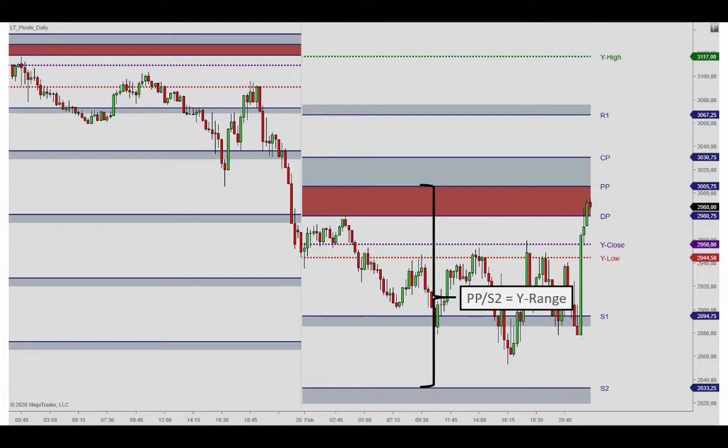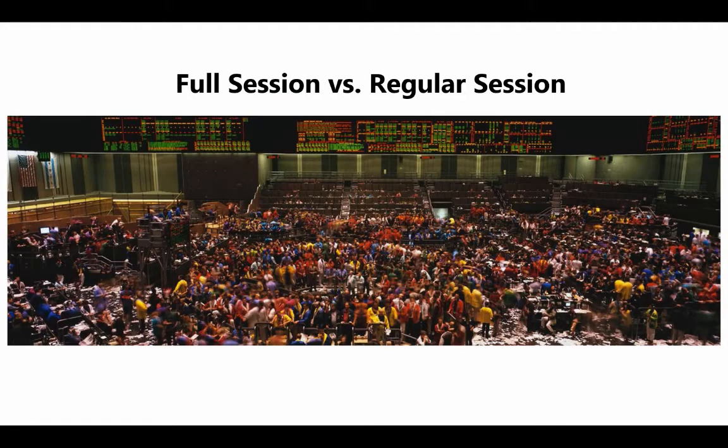So that's just a very brief introduction to the main pivot here, how that's found, and the support and resistance levels. We're going to talk a little bit about sessions now, because that's an important distinction to make when you're talking about session pivots. So distinguish between the full session and the regular session.